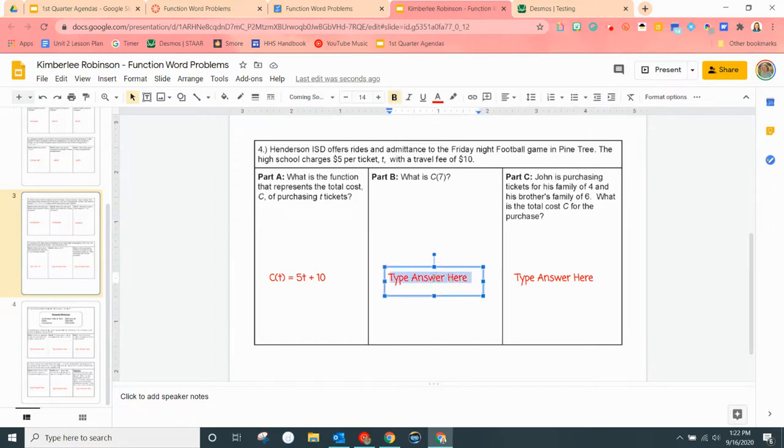Now they're telling me to find, well, then what's C of 7? What does that actually mean? What are they asking me to find? C of 7. That means instead of T over here now, they're telling me to put in 7. So that must mean I bought how many tickets? I bought 7 tickets. So let's let Desmos figure this out. We could do that.